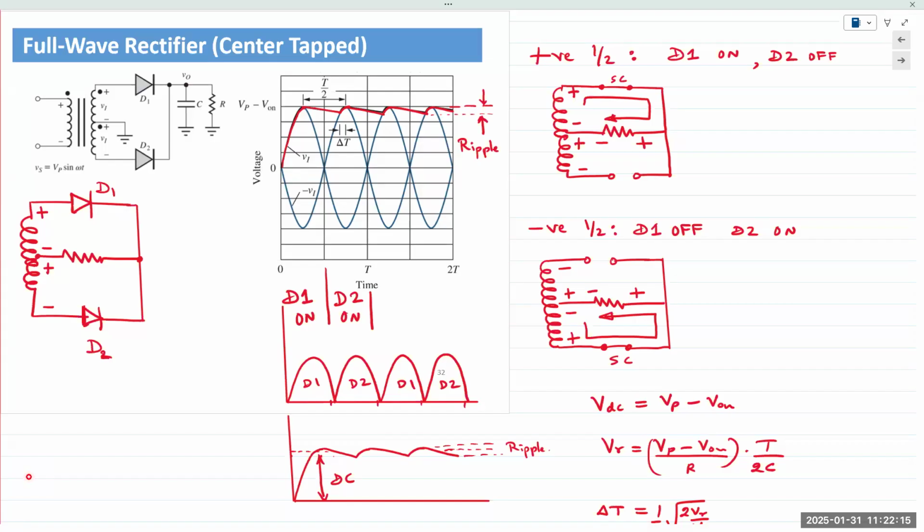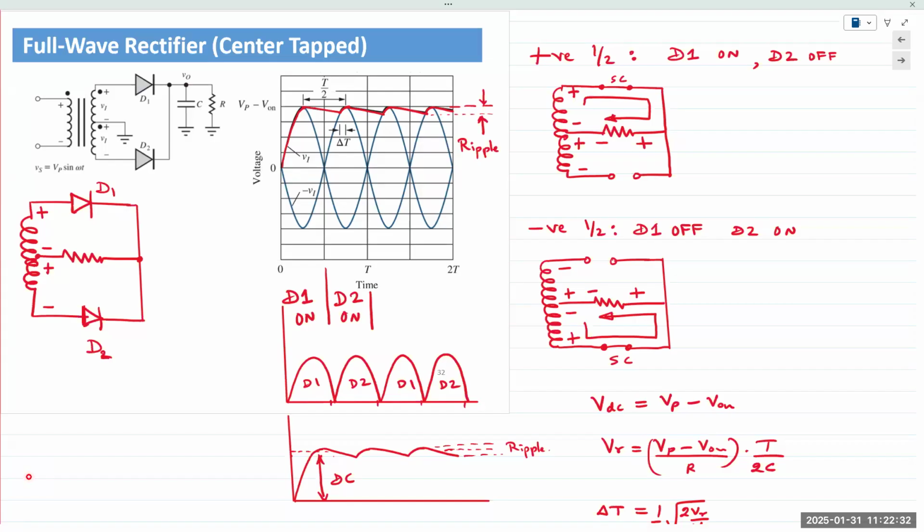So at the consumer end, when we plug something into the wall, we always use a step-down transformer. The power supply voltage is stepped down to whatever our requirement is.